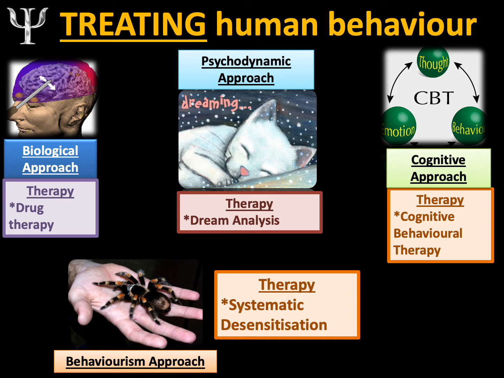So I can unlearn it in exactly the same way. And so we will start looking at therapies, in particular a therapy that looks at how phobias are a learned behaviour. And so in the same way that we learn to be afraid of a phobia, we can unlearn it. And by unlearning it in exactly the same way, we can treat someone of a phobia that's become debilitating to their daily lives.